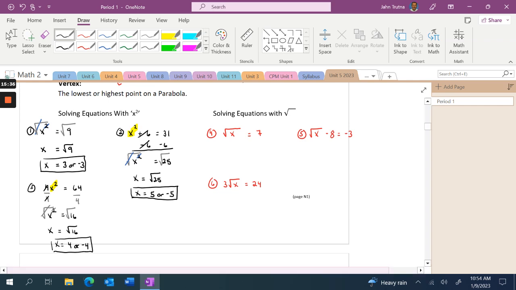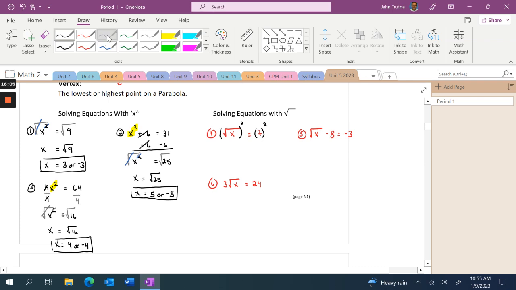Okay, moving over to examples 4, 5, and 6, where we're solving equations when we have a square root symbol in it. So what you're going to do is kind of the opposite of what we did in the previous 3 examples. We want to solve for x, so we need to get rid of that square root symbol. So to get rid of a square root symbol, you are going to second power or square both sides of the equation.